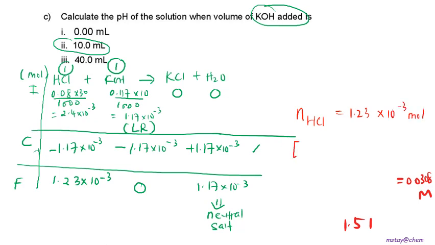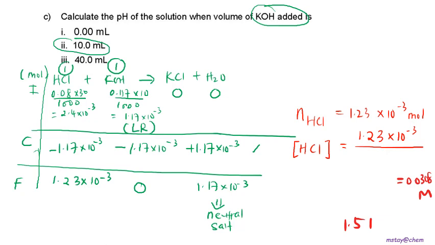But then we need to calculate the concentration of HCl. Due to KOH already added into the conical flask, the concentration of HCl will not be maintained at 0.08. So we are going to use the number of moles remaining in the conical flask now, divided by the volume.